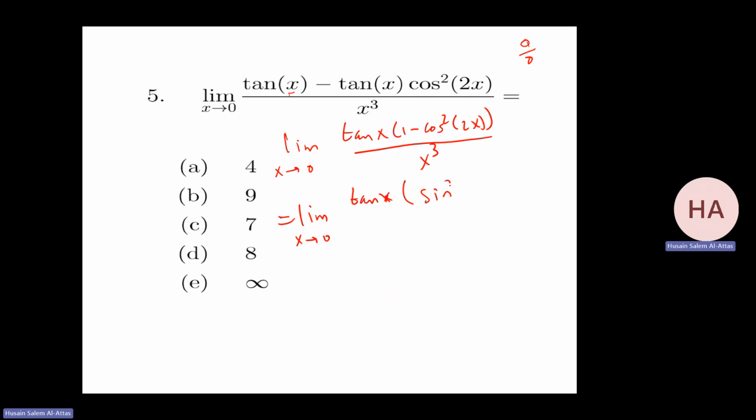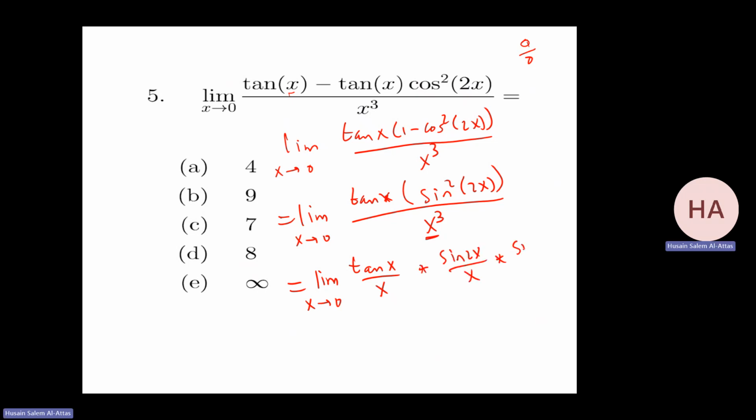This is sine square of 2x over x cubed. So that will be limit, x goes to 0. This x cubed, I distribute into x times x times x times sine 2x over x times sine 2x over x. So that will be 1, 2, 2. That will be 4. That will be my answer.